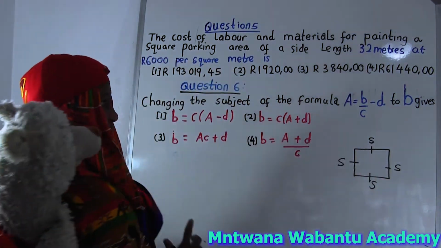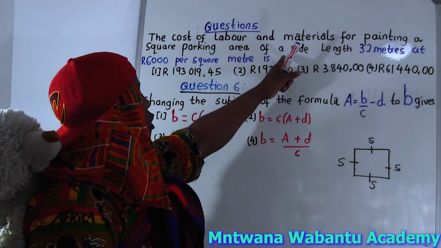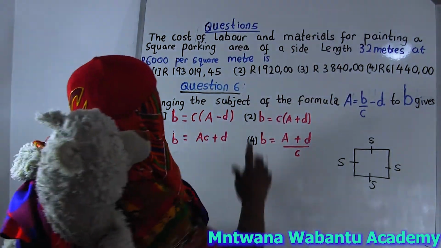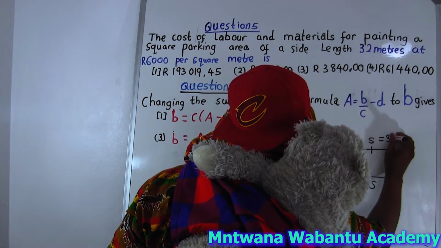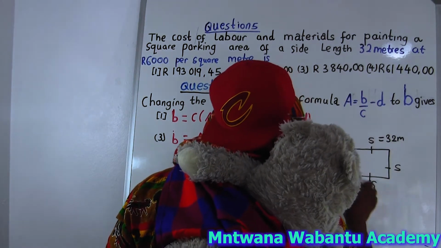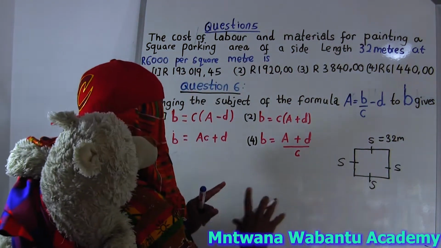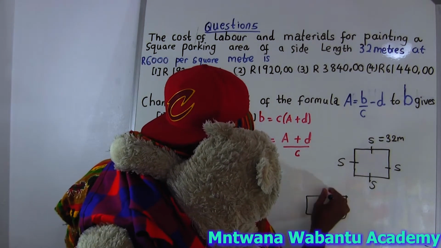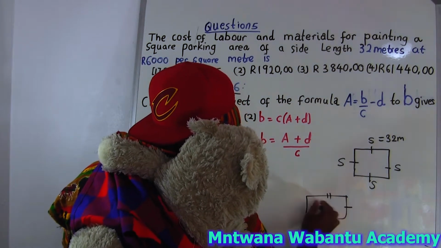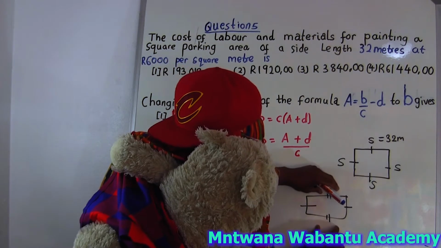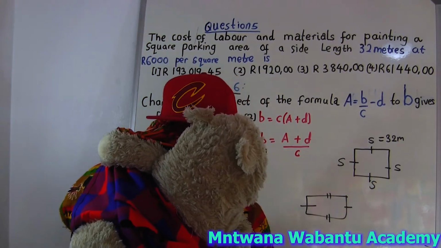Let's say each side is 32 meters. So this is 32 meters, even this, even that, because in a square all of them are the same. But if it's a rectangle, it's not the same. This and this are the same, and these two are the same. For a rectangle, these two are the same, but for a square, all the sides are the same.